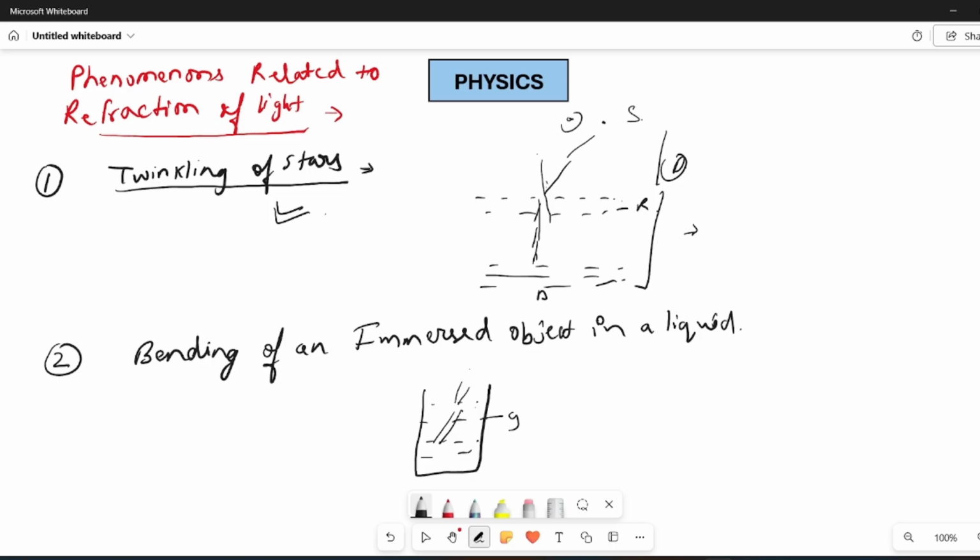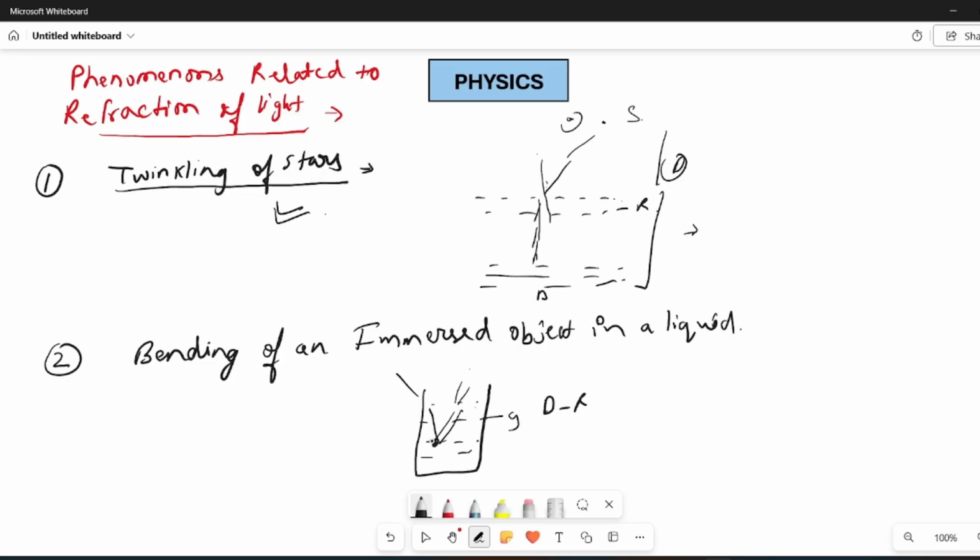In this particular situation, what is going to happen? The object is inserted inside the water, and when we look at it, this deep point here, the light ray will come from here and travel to our eyes like this. So light is going to travel from denser to rarer medium, and because of that, an illusion is created.